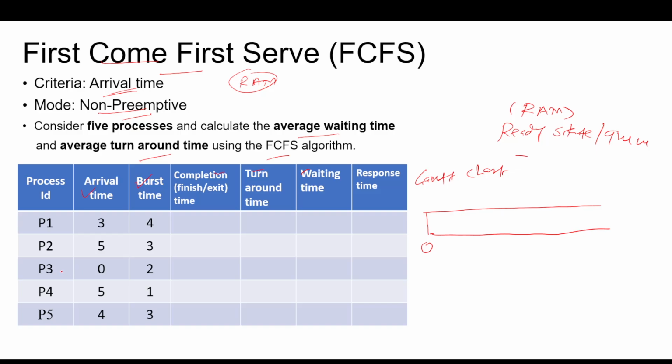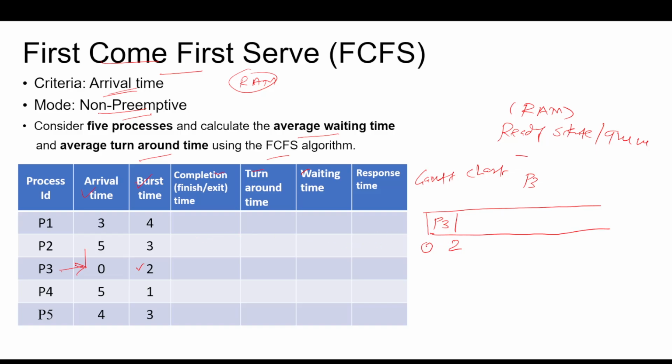Only one process, because zero is the arrival time for P3. That means at time zero, P3 arrives in the ready queue, so we will execute P3 first. What is the burst timing of P3? The burst timing of P3 is 2. That means for 2 units we will execute the P3 process, from 0 to 2.